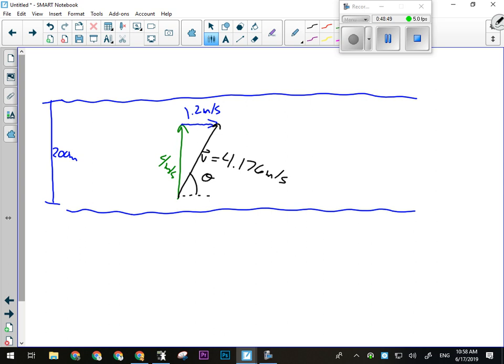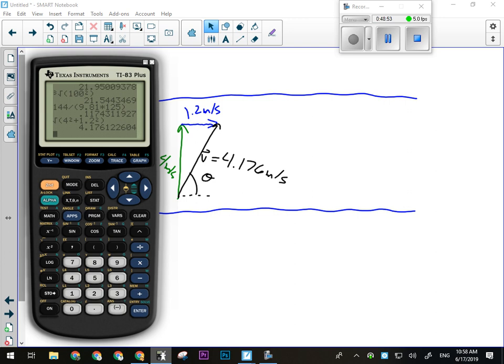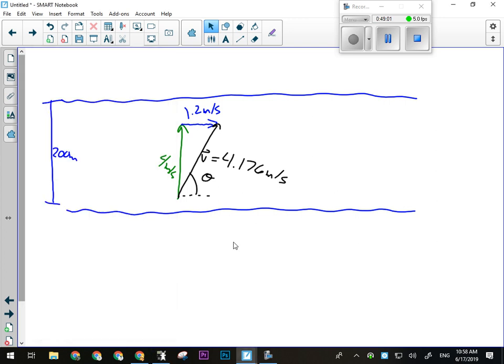And then to find this angle would be the inverse tan of 4 over 1.2. All right, so it'll be 73.3 degrees from the shore, because I didn't give you compass directions on that one. So that's the first part.